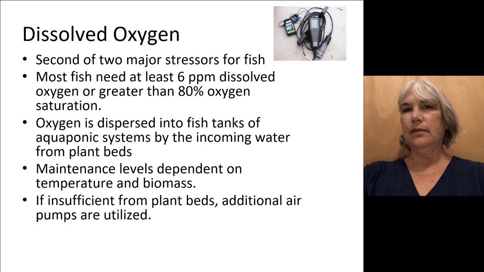So just be aware that if you just have the water coming in to provide the oxygen, the higher the temperature or the more fish you have in there, a higher stocking density, that demand for oxygen is going to go up. And so you might have to consider getting additional aeration in your fish tank to maintain that 6 parts per million.